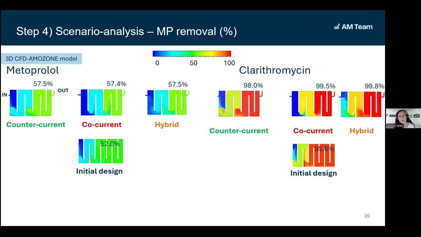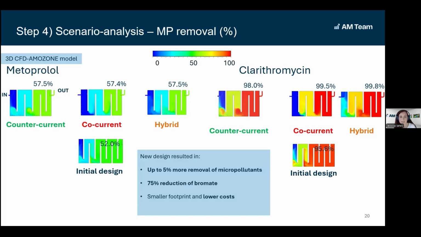But for both of them, you can see that with respect to the initial design, we could detect an increase in performance, so an increase in removal of almost 5% with the new design, with similar efficiency for the different operations. So countercurrent, co-current, and hybrid actually gave a similar efficiency.